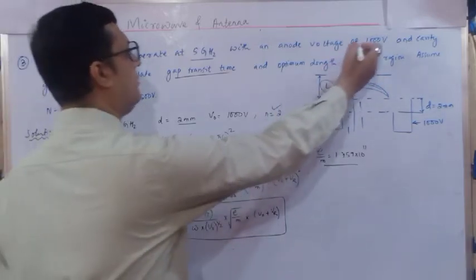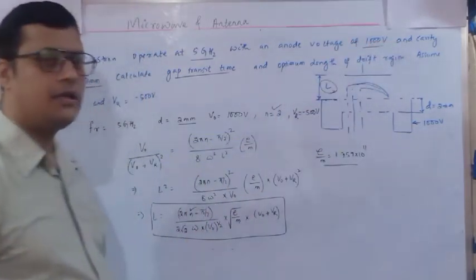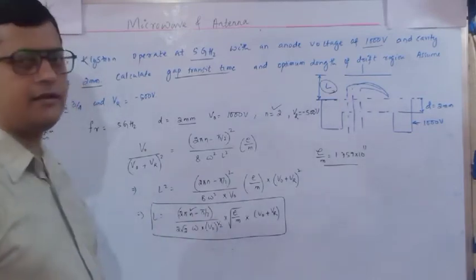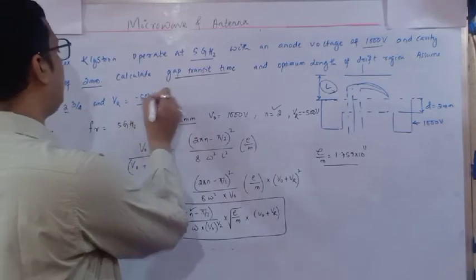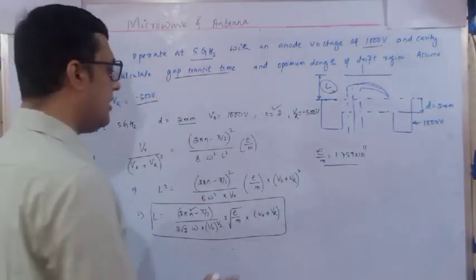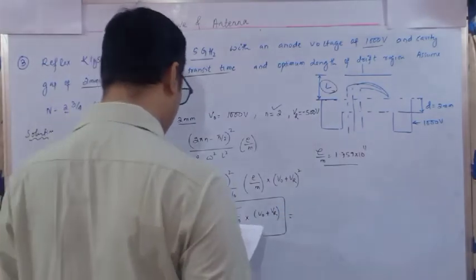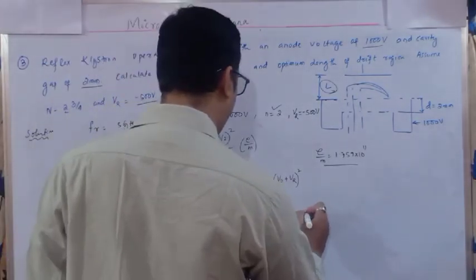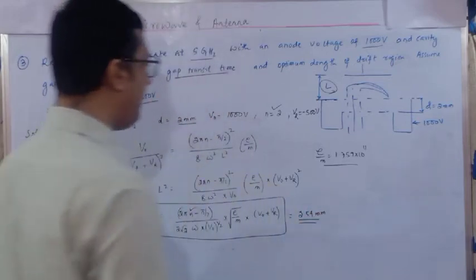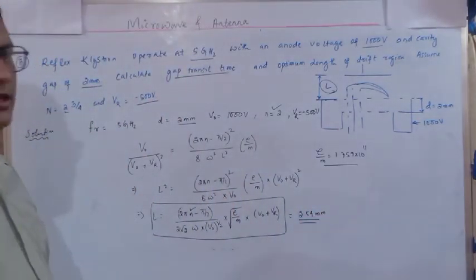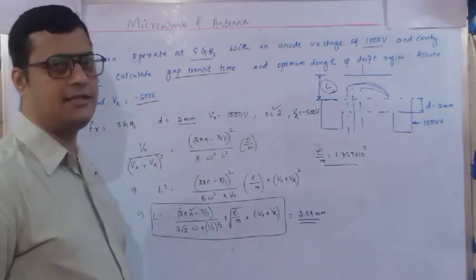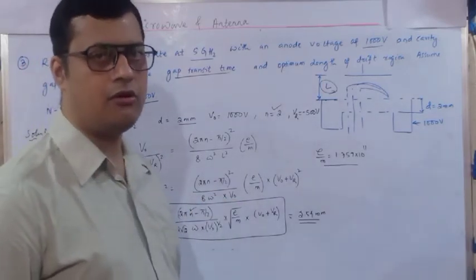V naught is 1000. Substitute the value. Now VR is how much? Minus 500. So substitute minus 500 here, because repeller potential is minus 500. After substituting all these values, you will get L is equal to 2.54 millimeter. After substituting each value in this equation, we will get our repeller space distance is 2.54 millimeter.